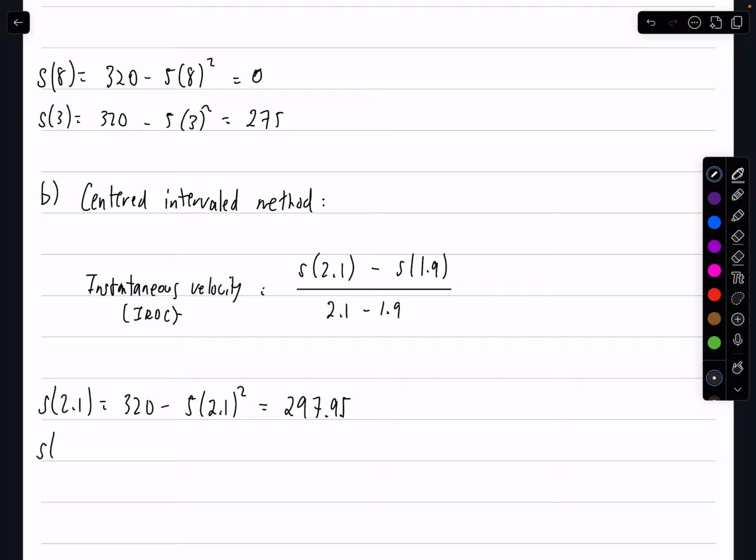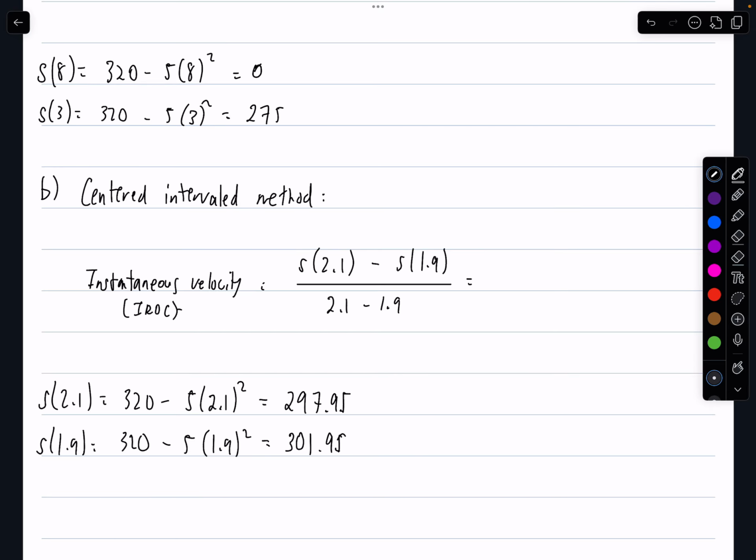And then we're going to do s at 1.9, which is 320 minus 5 times 1.9 squared. So you end up with 301.95.